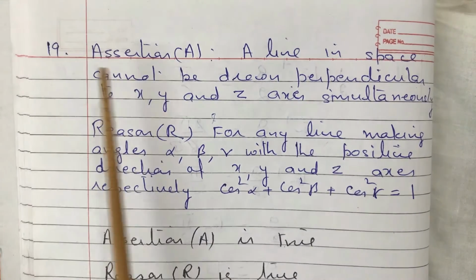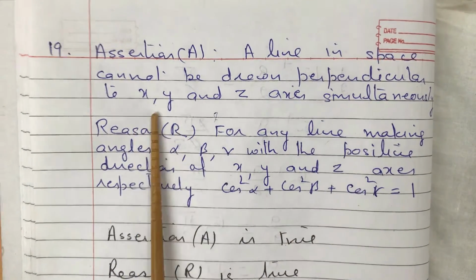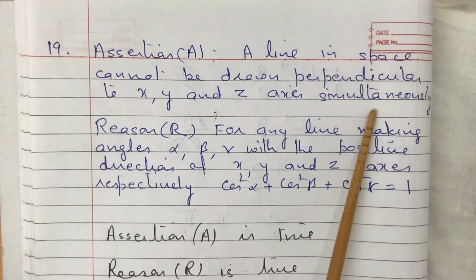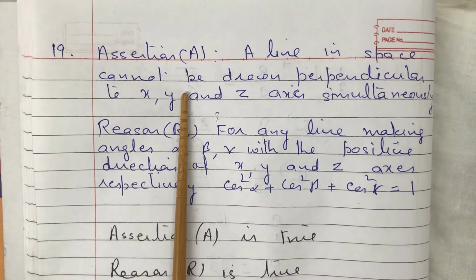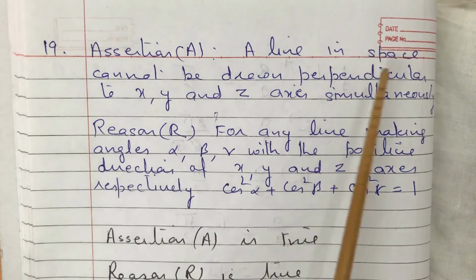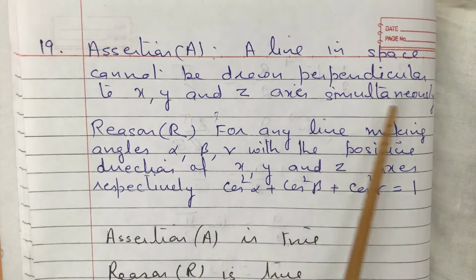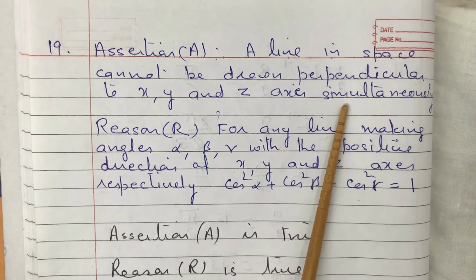Now the 19th question. Assertion A: a line in space cannot be drawn perpendicular to x, y and z axis simultaneously. I am going to read it again. This is a true statement.